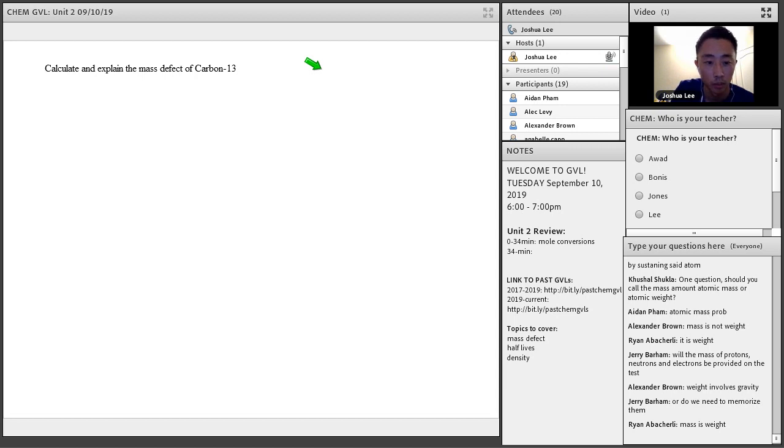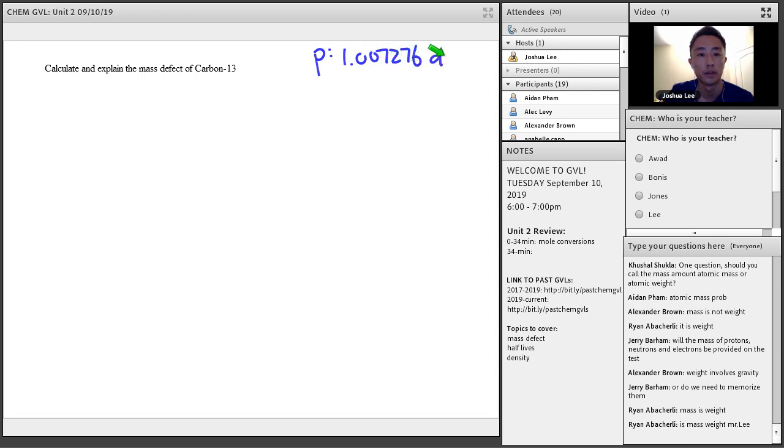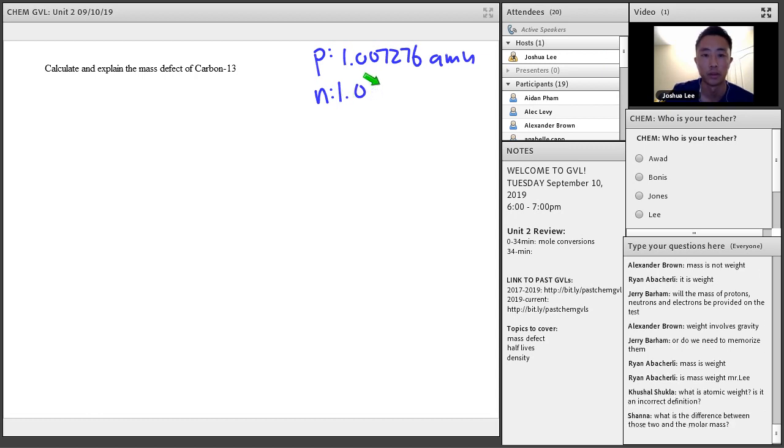Proton is 1.007276 atomic mass units. Neutron is 1.008665 AMU.